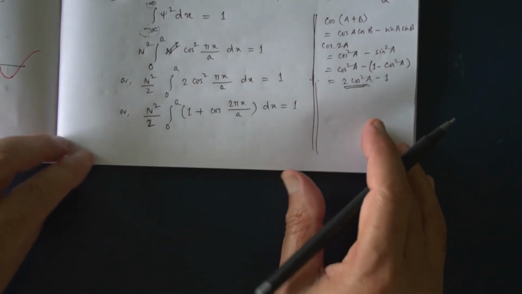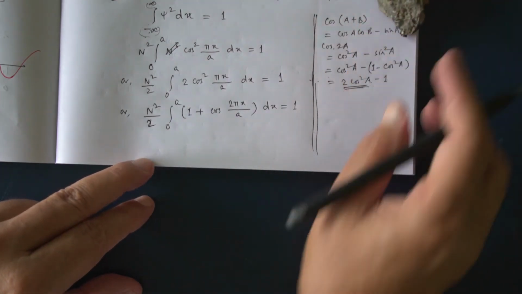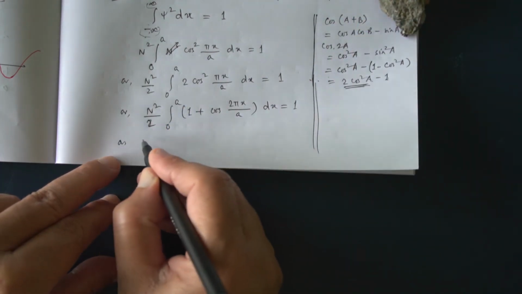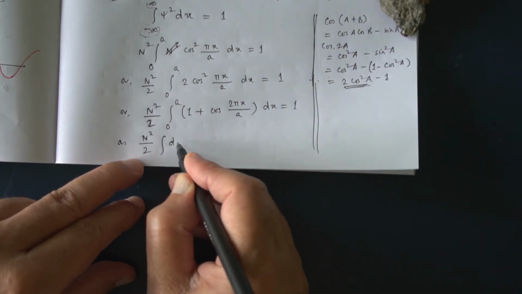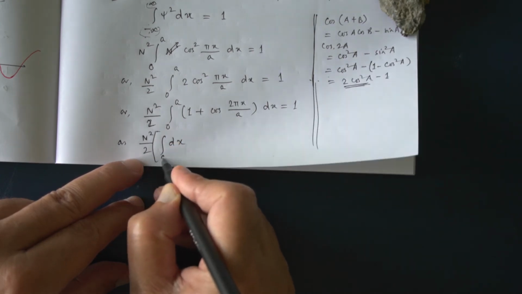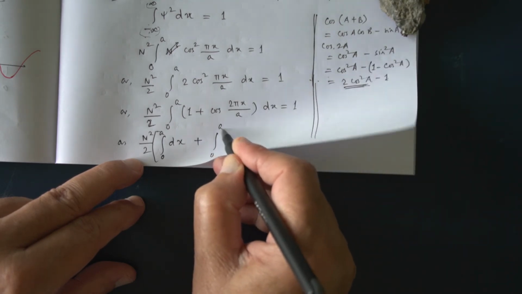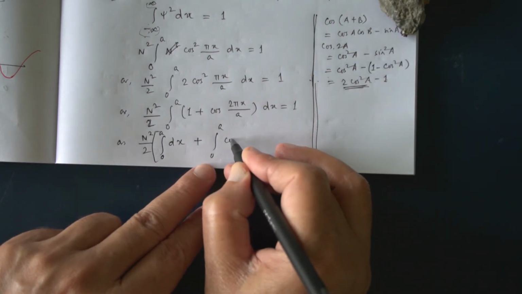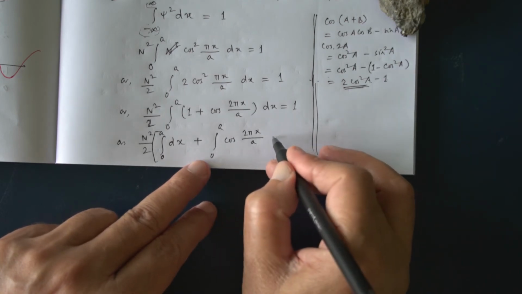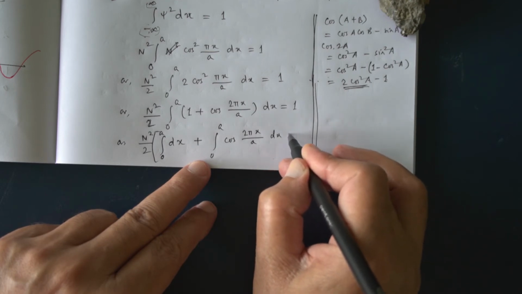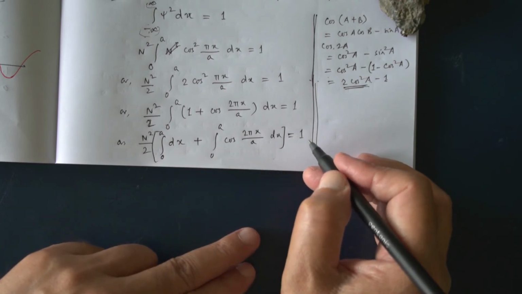Now we can write the two integrations separately: n square by 2, integration dx from 0 to a, plus integration from 0 to a of cos 2 pi x by a dx, equal to 1. So these are the two integrations.